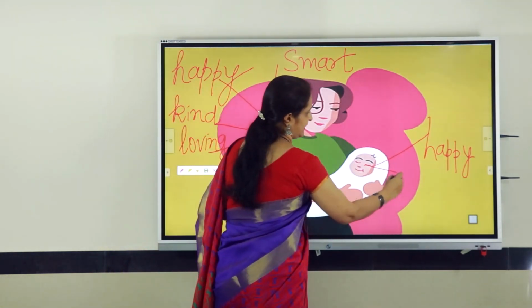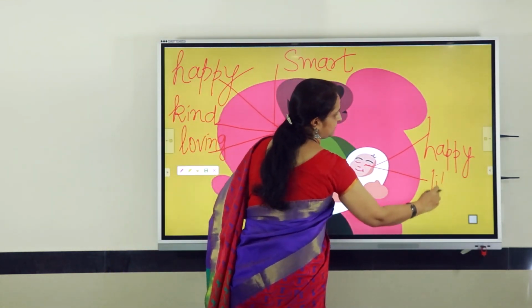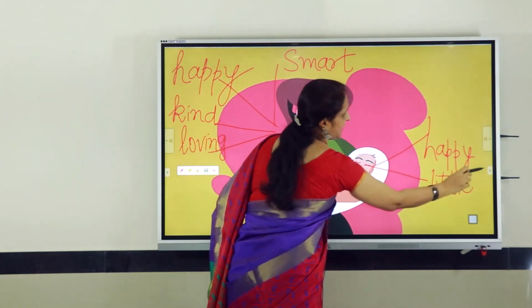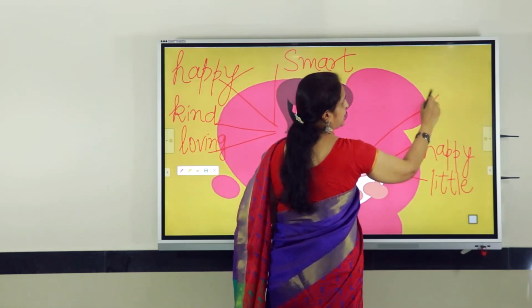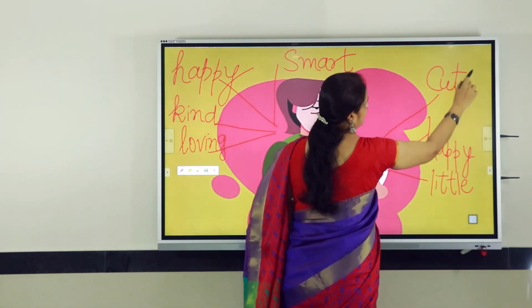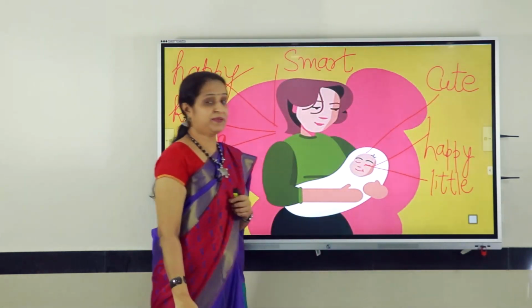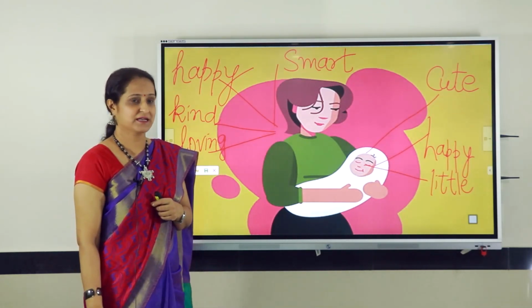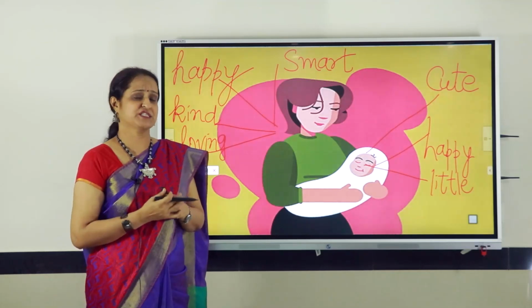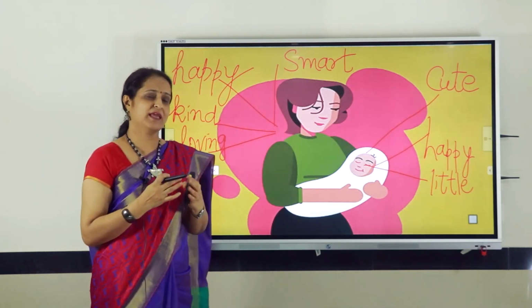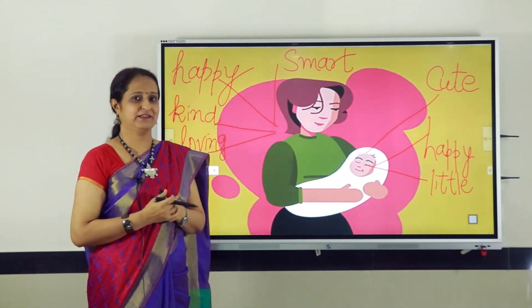The baby is little. It is a little baby. Yes, the baby is cute. The baby is cute. And you can think more of such describing words just by looking at anything and everything.